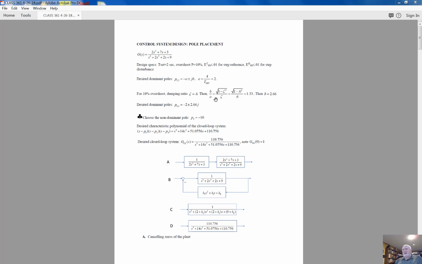And then there is a relationship between the imaginary part B and the absolute value of the real part of the dominant poles. And this is the relationship. And this relationship involves the damping ratio. Where does this relationship come from?